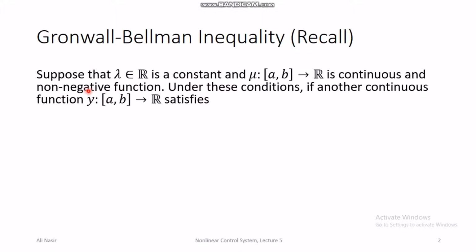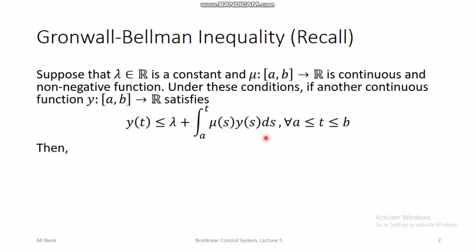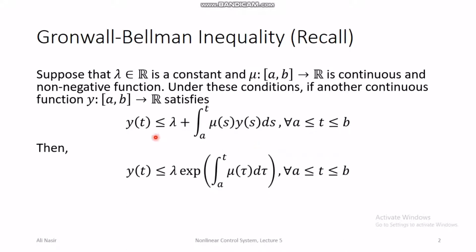inequality. So Gronwall-Bellman inequality is basically a relationship that converts an implicit bound on a continuous function into an explicit bound on the same continuous function. Implicit bounds are usually very difficult to deal with, and if the bound on y of t is depending upon the function itself, then it is very difficult to characterize or do some calculations that are meaningful using this bound.